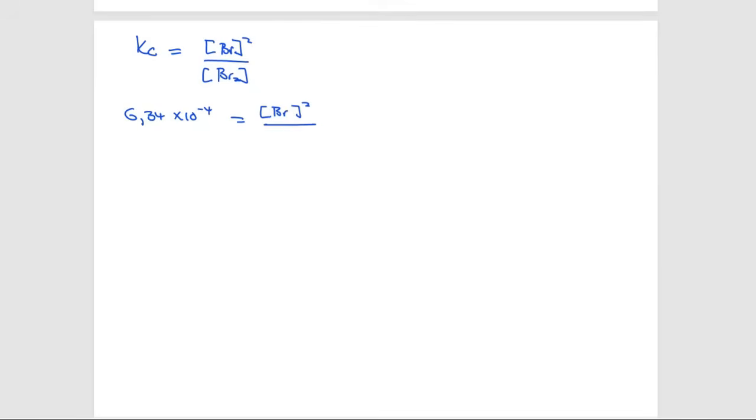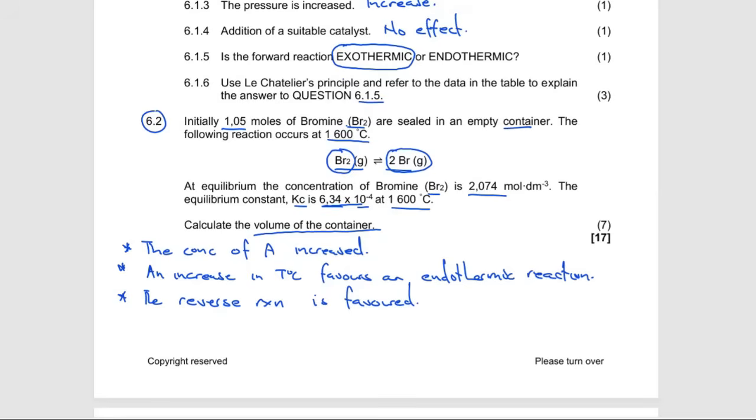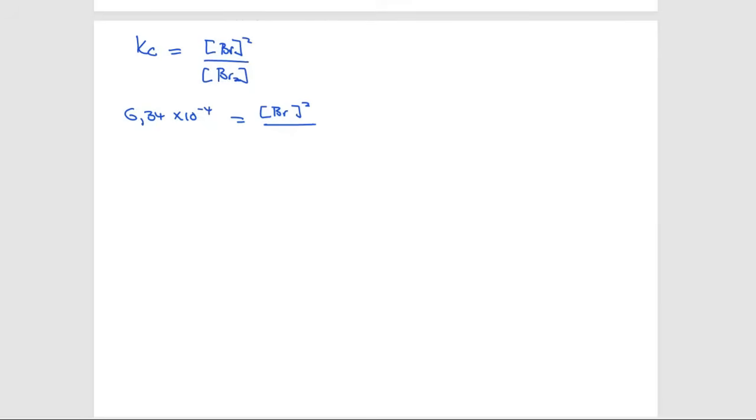It says here that at equilibrium, the concentration of bromine is 2,074, so I'm going to substitute that there.